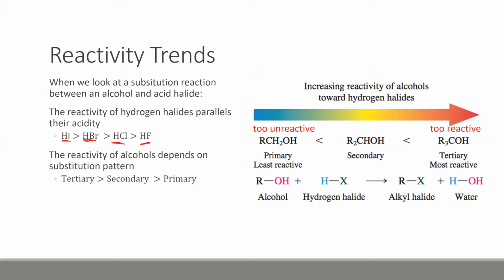So the substitution pattern is going to be that a tertiary alcohol is more reactive than a secondary alcohol, which is more reactive than a primary alcohol. In fact, primary alcohols are the least reactive. They're almost unreactive in this type of reaction. We're mostly going to be focusing on secondary and then tertiary, which are the most reactive. They're almost too reactive.